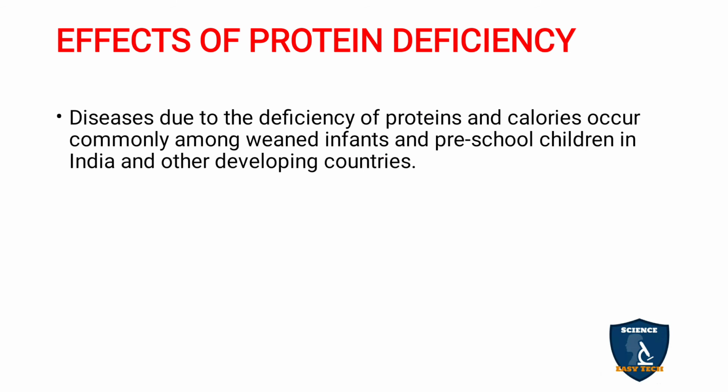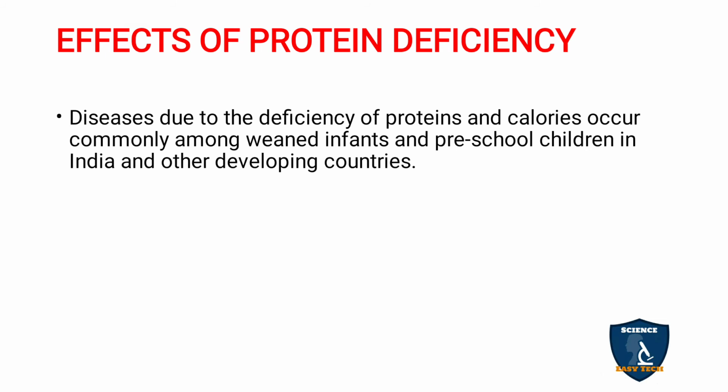Then effects of protein deficiency. Diseases due to the deficiency of proteins as well as calories occur commonly among weaned infants. Weaned infants are those whose mothers are not breastfeeding the child after 6 months, or who have not started weaning food. Weaning food should be started for a child after 6 months of delivery.